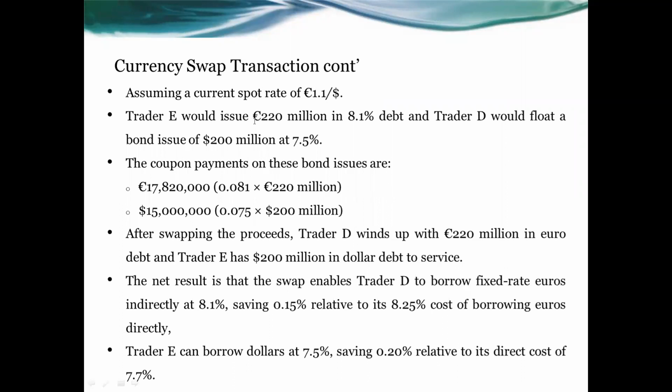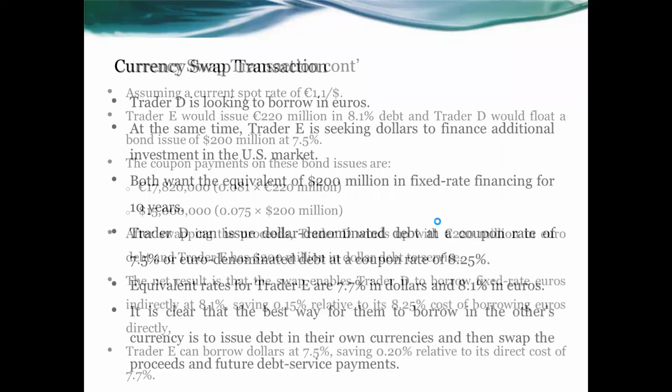Trader E would issue 220 million euros, equivalent to $200 million, at the rate of 8.1%. And trader D can issue $200 million bonds at 7.5%. Now you can see the scenario here.